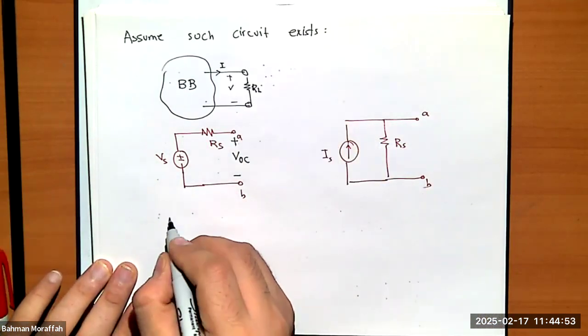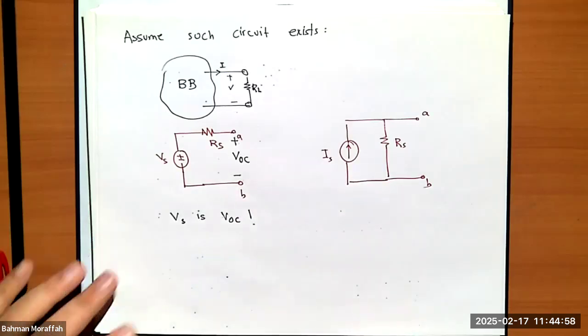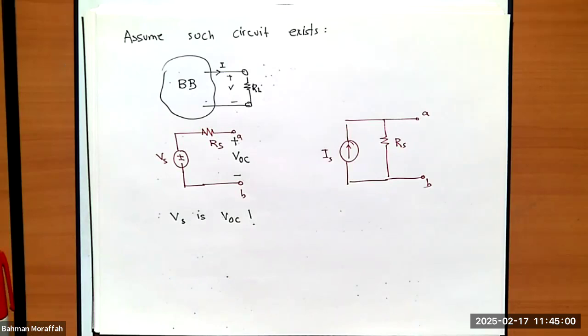So Vs is V open circuit. What it means is that if I replace the black box by this circuit, to have the exact same external behavior, I have to go back to my original circuit, remove whatever is in between A and B, and find V open circuit there. And since these two circuits are supposed to be exactly the same, this Vs is V open circuit.